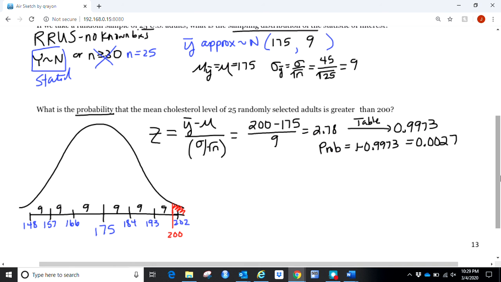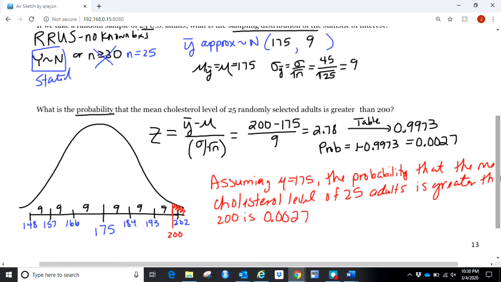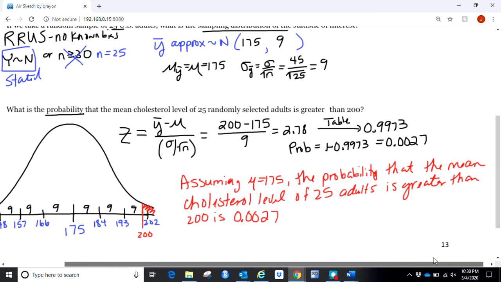So now I can say, well, assuming the mean really is 175 as they told me, the probability that the mean cholesterol level of 25 adults is greater than our 200 is 0.0027, which is 0.27%.